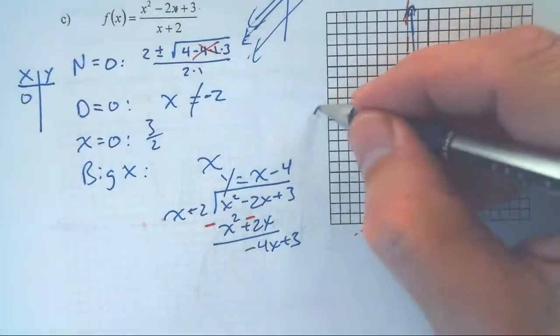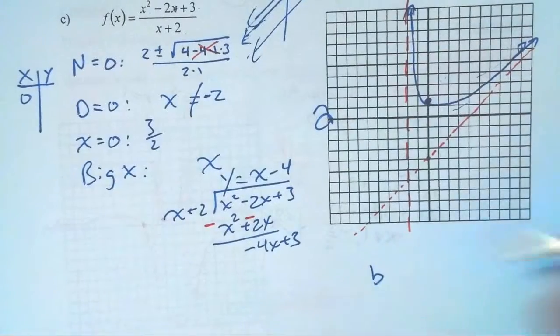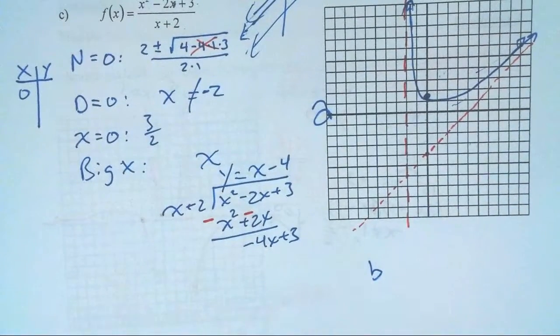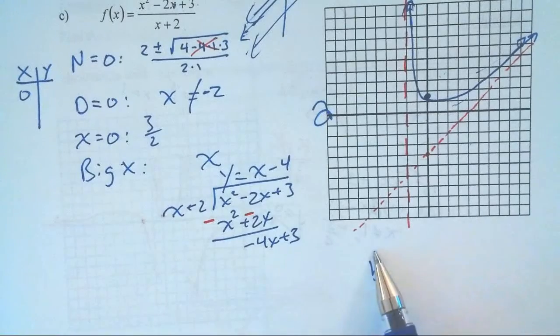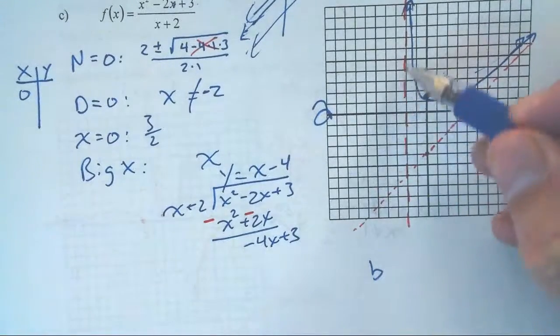Right? A or B. One finger A, 2 fingers B, 3 fingers not sure yet. Yeah, it's 2 fingers. Got to be B. There's no way through here. Can't look like this.